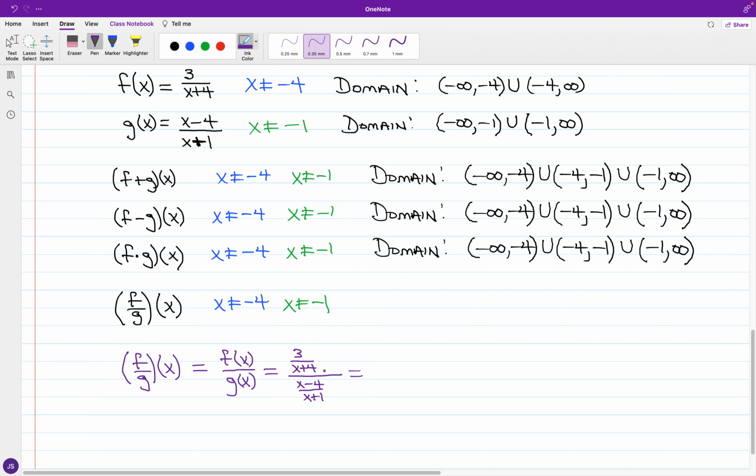And here we have a ratio where we have a fraction over a fraction. If you have a fraction in the denominator, since dividing by a fraction is the same as multiplying by the fraction's reciprocal, you can rewrite this in terms of multiplication. So I have 3 over x plus 4, multiplying by the reciprocal.